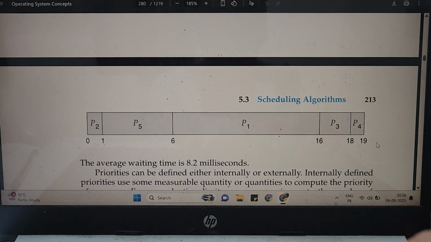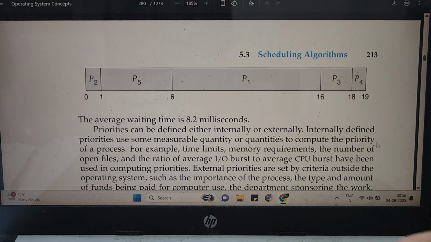So that is priority scheduling. Because this is non-preemptive, calculating the wait time and turnaround time is a very straightforward process, which I will leave to you.